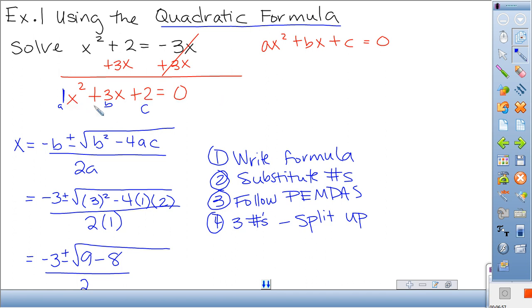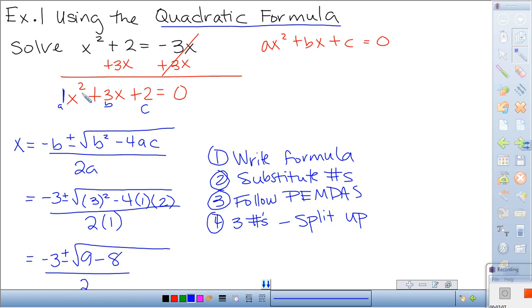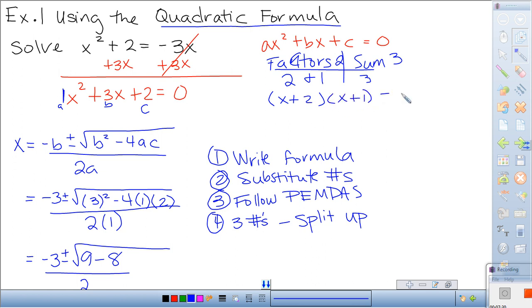So if we had factored, since there's no coefficient besides 1 on your x squared, you could have used the 2 column factors of your last term, which is 2, that add to be the middle term, the sum of 3. So we have 2 and 1. 2 times 1 is 2. 2 plus 1 is 3. So then you just split it up. x plus 2 times x plus 1 equals 0.